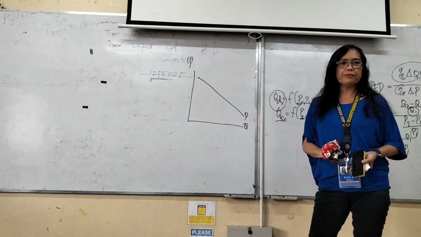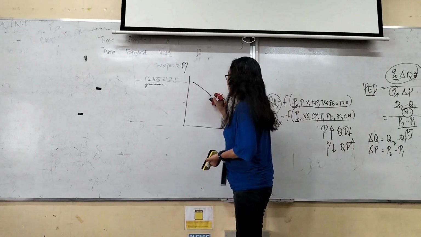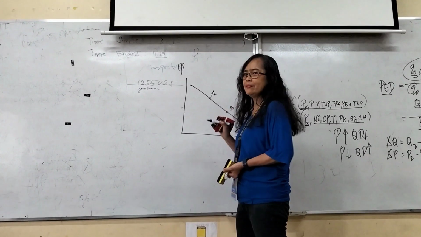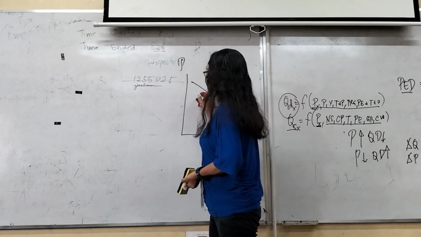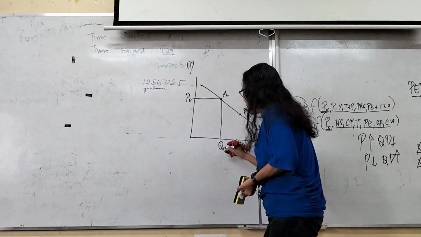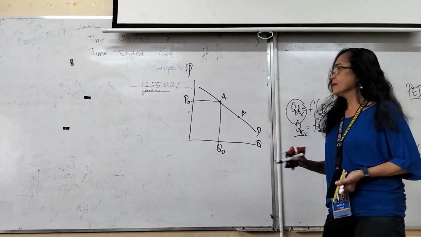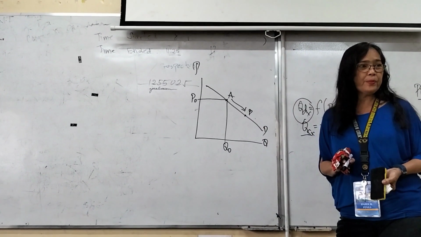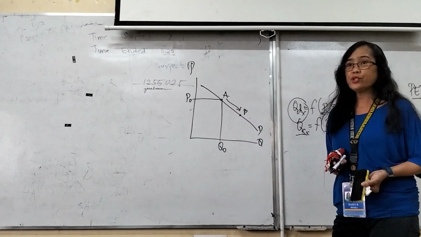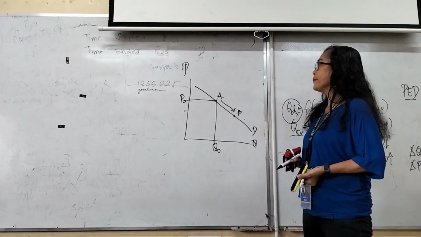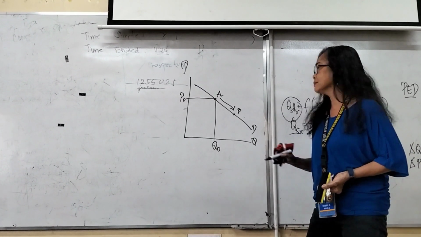This is our demand curve. Points A, point B. This is the original price, original quantity. The point moved from point A to point B. So we have to measure the response of the buyers when the price goes down.